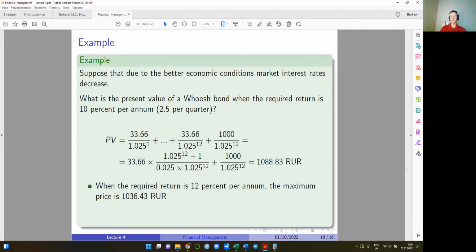If the required return is 12% per annum, the maximum price is 1036. When the required return is lower, at 10%, the maximum price that you're ready to pay is higher. Right? It is logical. If you require less, you're ready to pay more.